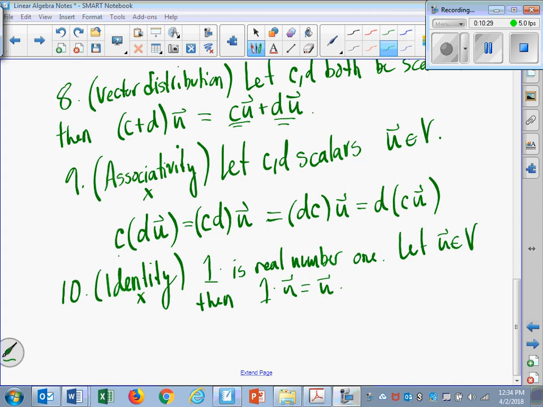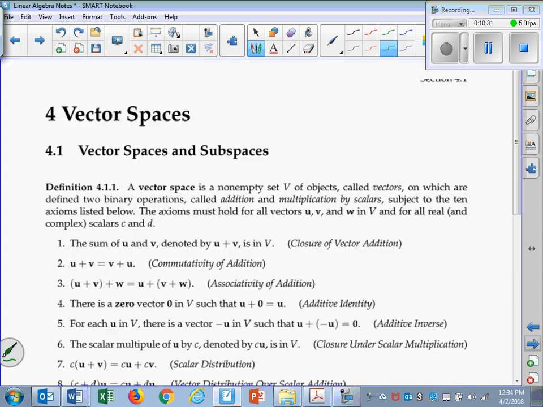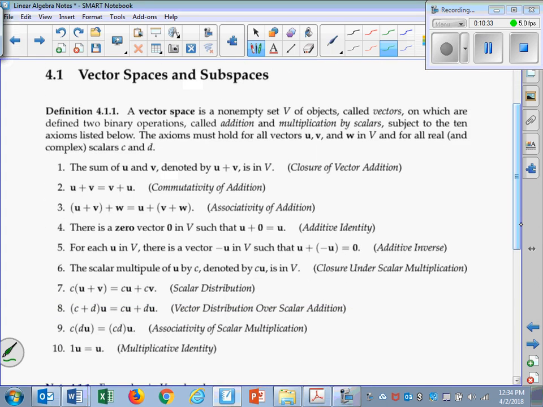Now all 10 of these properties are on the next page here in your notes. So let me just highlight some keys here. Notice that this is a non-empty set. A vector space is a non-empty set of objects, and we call those objects vectors. And they have to have two binary operations.